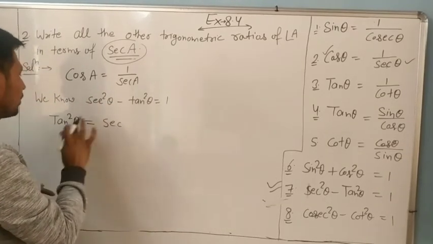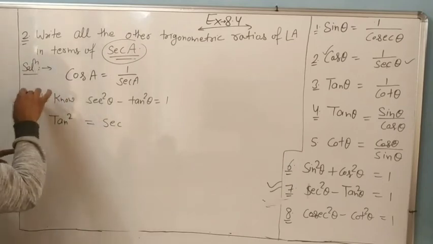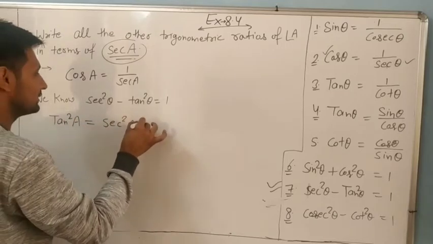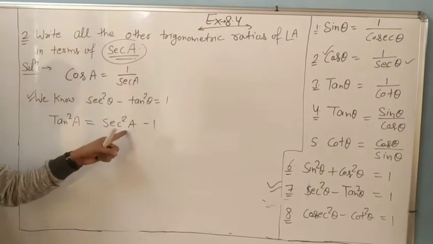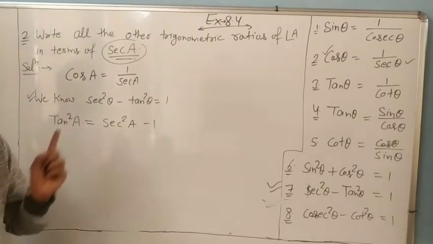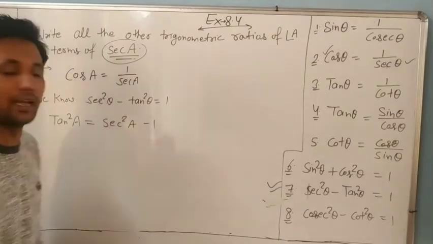So secant, not theta dear, we are using angle A. It is the formula. Okay dear. Tan square A equal to secant square A minus 1. Yes, tan is also in form of sec, but we want to find the value of tan. It is square, and how can we remove the square? Take square root both sides.